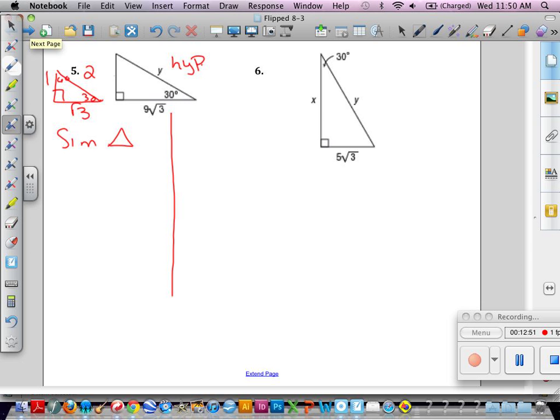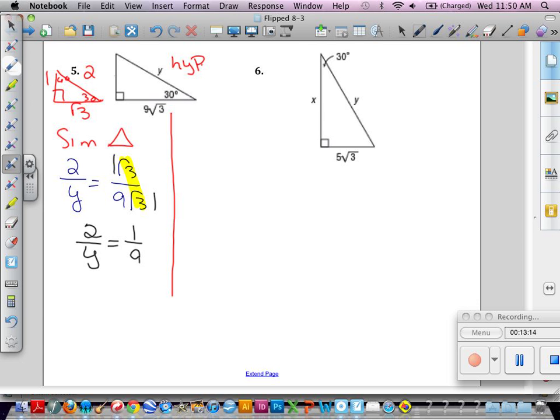The hypotenuses go together, the 2 and the y. The root 3 and the 9 root 3 would go together. Now look at this, guys. If I were to cover this up and just focus on this here, couldn't you cancel those? That would become a 1 and that would become a 1. So really now I got 2 over y equals 1 over 9. Cross multiply, y equals 18.